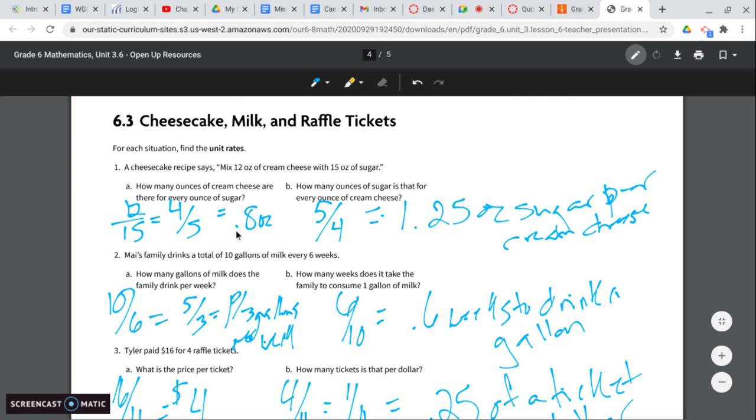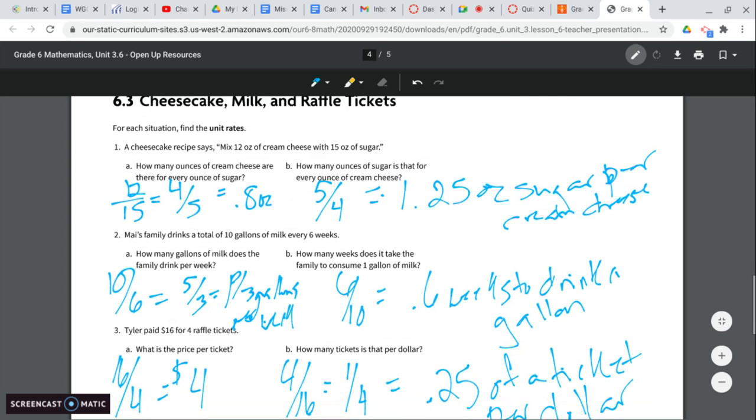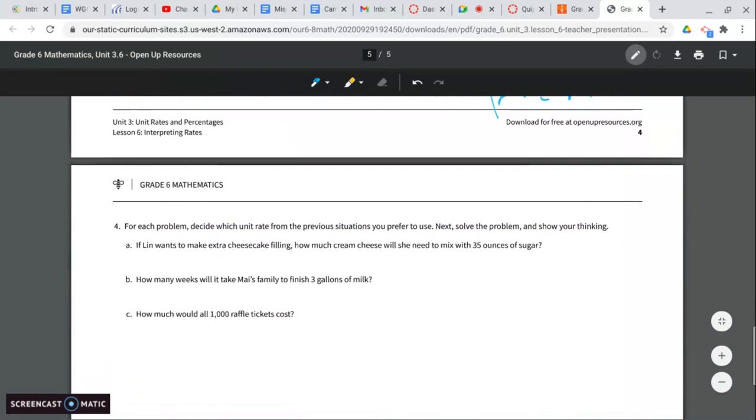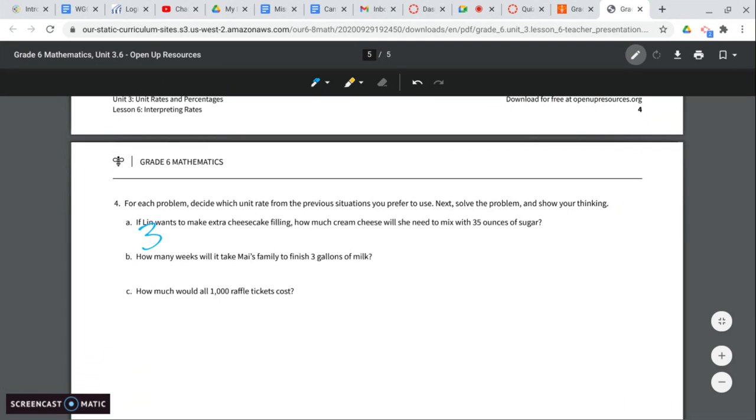So we're going to multiply by the 0.8 or the 4/5. So we're going to take 35 times 0.8, which is going to give us 28 ounces of cream cheese.